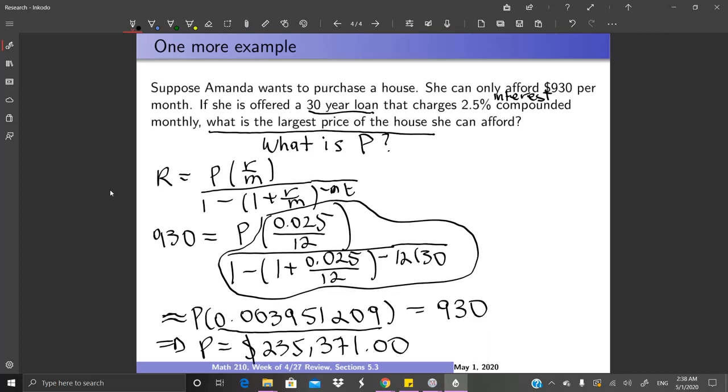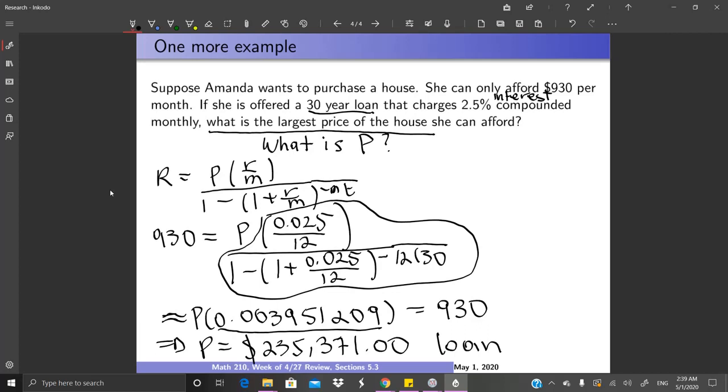Of course, this is the largest price of the house that I can afford. I can afford anything less, but certainly can't afford a house that's any more expensive than this. So we've done two examples, one where we found the loan value, which is this right here, and then the previous example where we found the monthly payments.